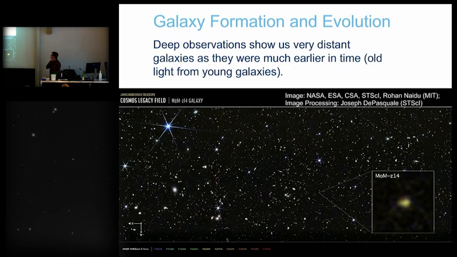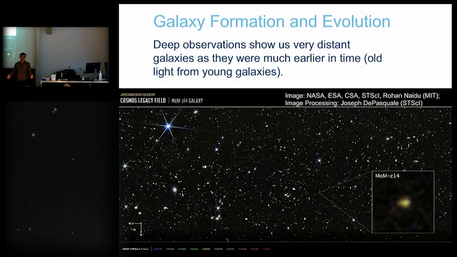This takes us directly to the question of how galaxies actually form and evolve. Now, deep observations show us very distant galaxies as they were much earlier in time, and by looking at progressions through time, we can get a sense of how the overall distribution of galaxies may change.